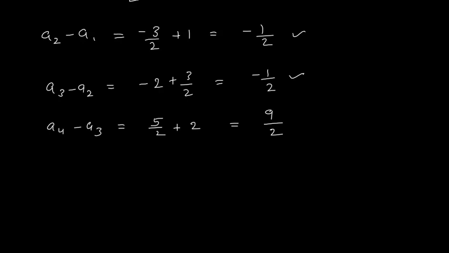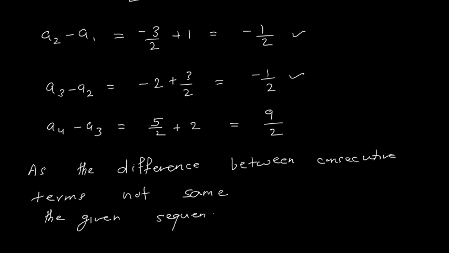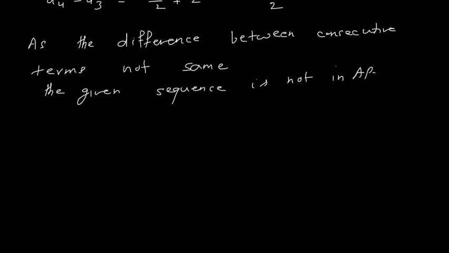Okay, so as the difference between consecutive terms is not same, the given sequence is not in AP, even when A2 minus A1 is equals to A3 minus A2.